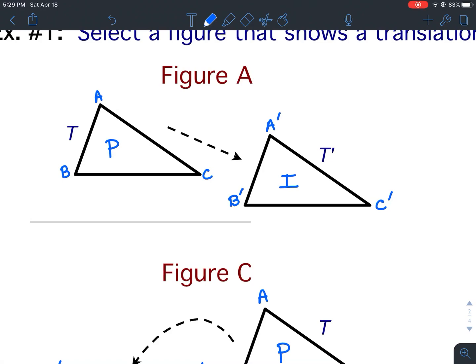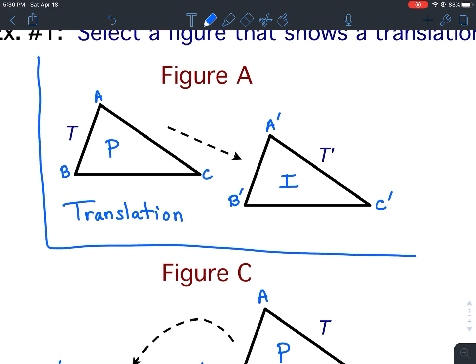Do they change size or shapes in any way? No. If you would just take the pre-image and slide it to the right and downward, you would get your image. So this is our translation. Making figure A our answer.